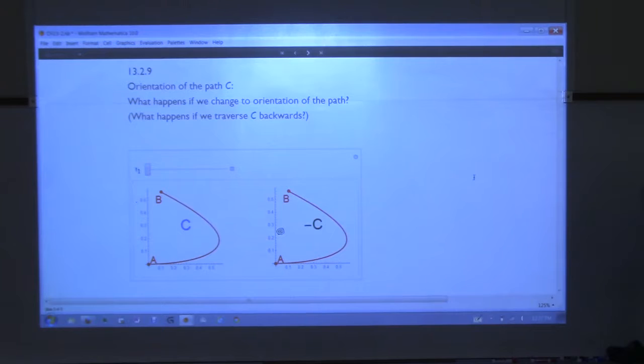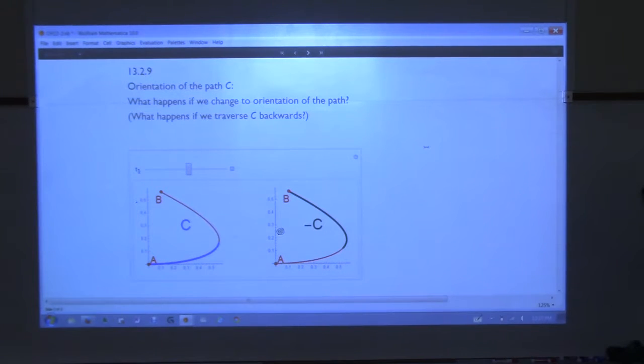Okay, orientation of path. What happens if we change the orientation of the path? In other words, does it make a difference to go along a curve from A to B or B to A? Does that change the value of the line integral? You could make a guess that it would. Maybe it doesn't.